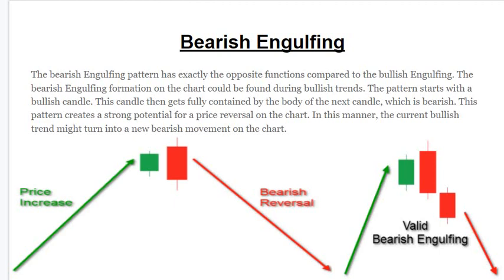So to sum that up, price is increasing, and then a bullish candle forms. The next candle completely engulfs, overshadows the bullish candle, and it is bearish. So the price got all the way up here, and then bears came in, sellers came in, pushed it all the way down below the low of the previous candle, fully engulfing it.